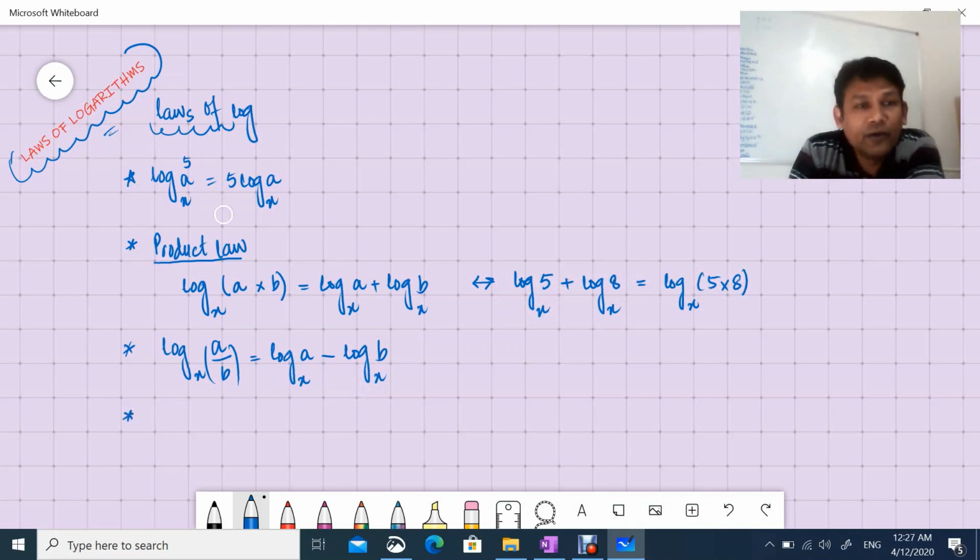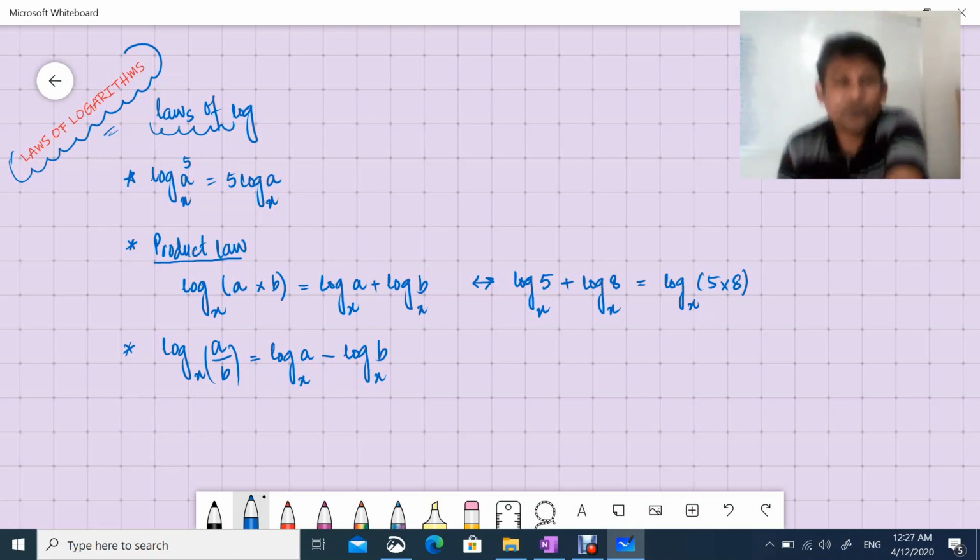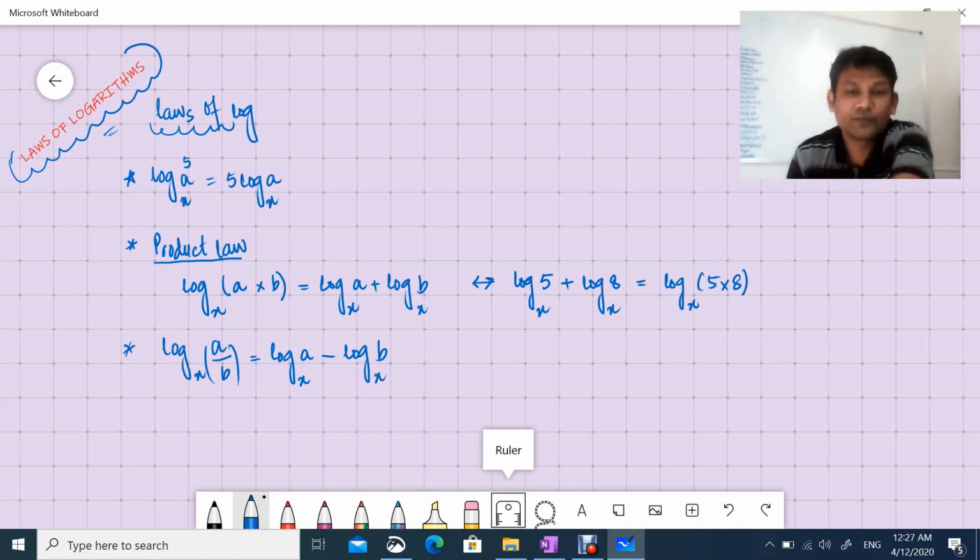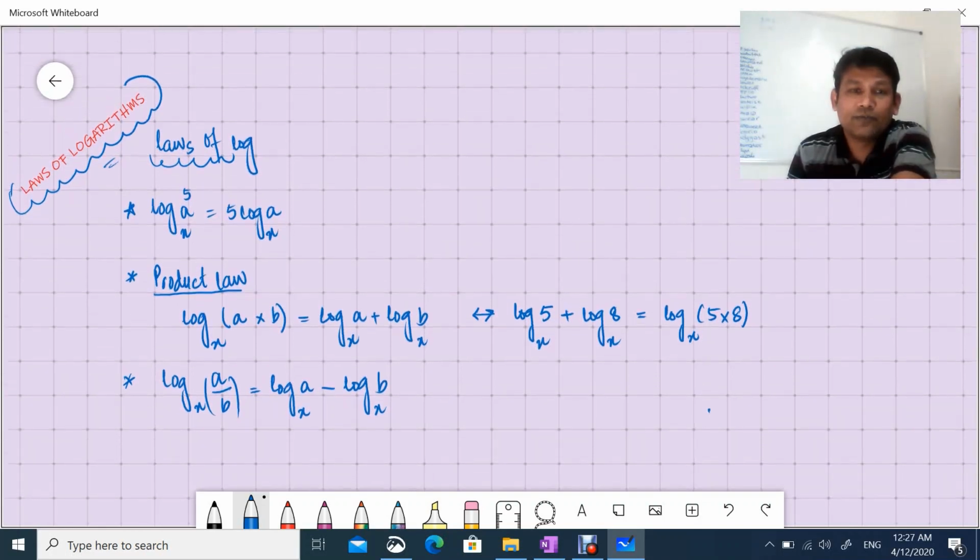I'm moving on from the power law, product law, quotient law. Then we have the change of base law. The change of base law is one of the important topics, and I would like to explain in detail about the change of base law.